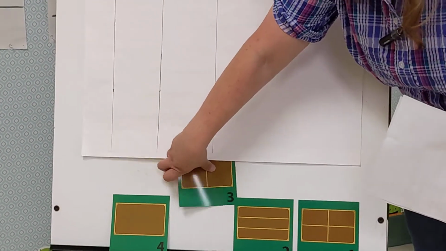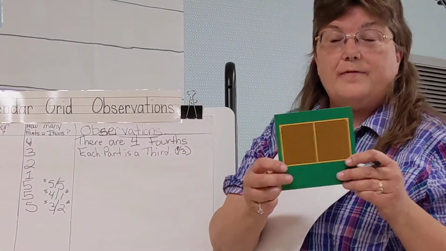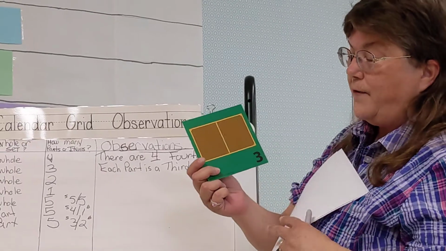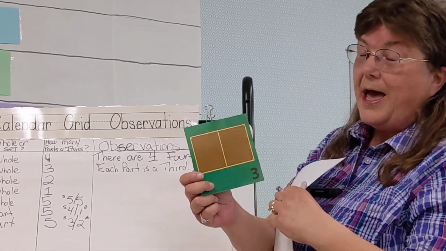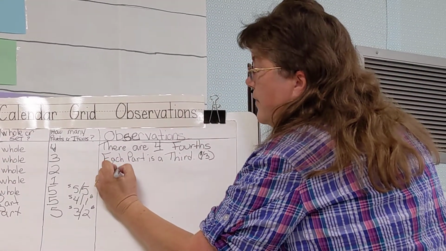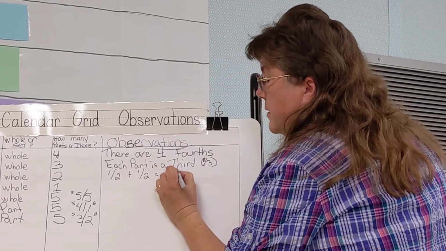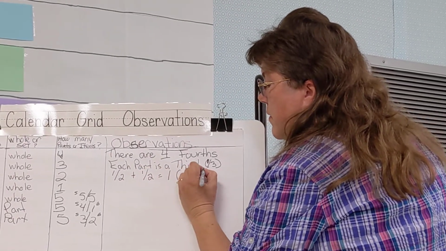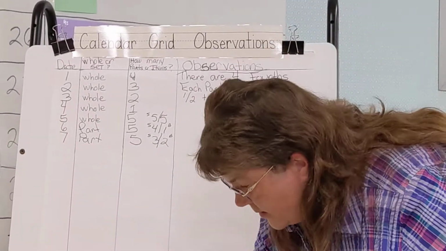This one is divided into 2 sections, and we call those halves. 1/2, 2/2. So our observation for this is 1/2 plus 1/2 equals 1 whole. Okay, and number 4.